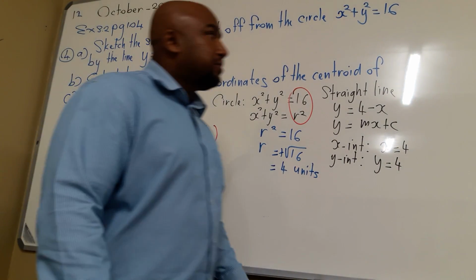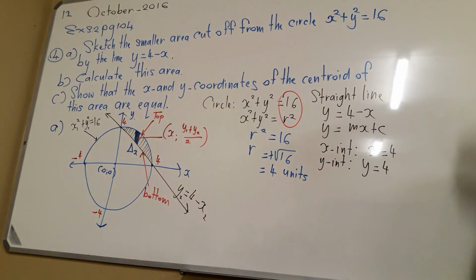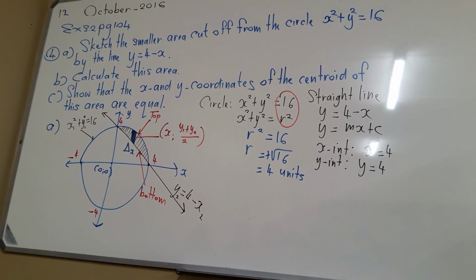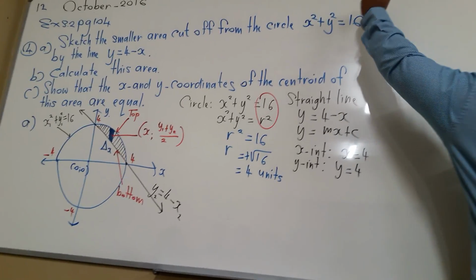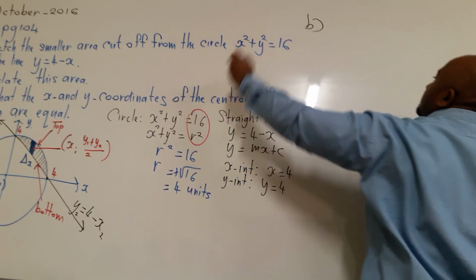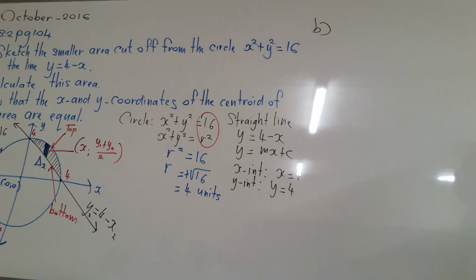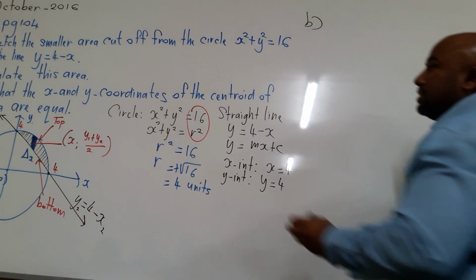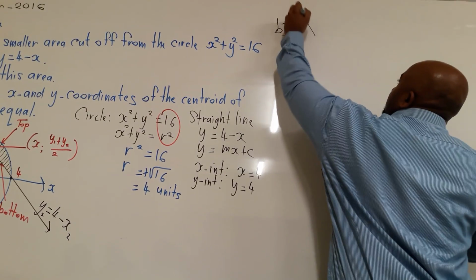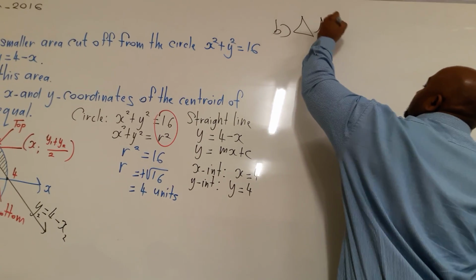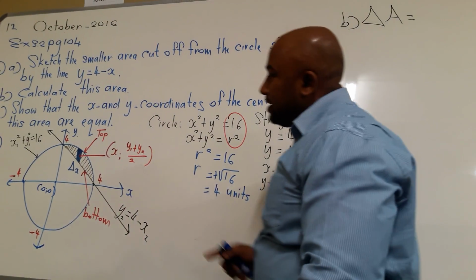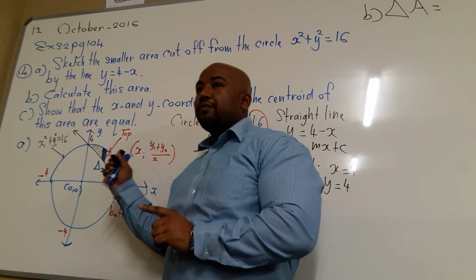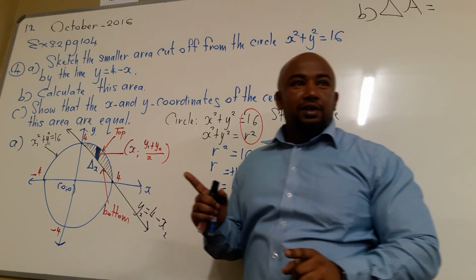So now, that was the first question. Second question is, calculate this area. Right, so calculate the area. So delta A. So now, we are dealing with 2 graphs. It's the area of the top graph minus the area of the bottom graph.